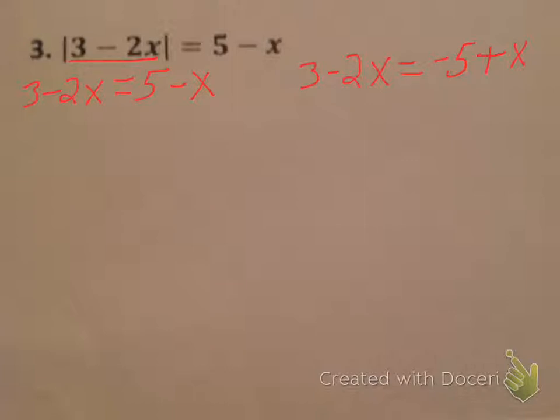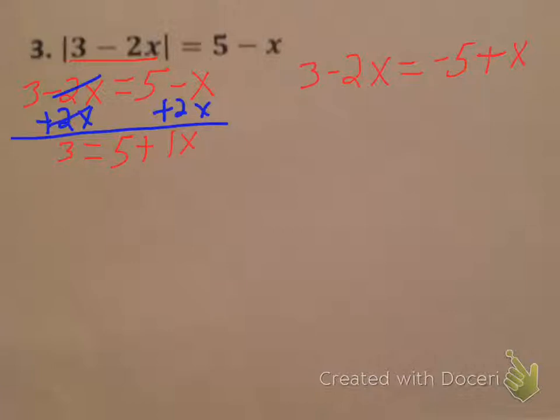I've got x's on both sides, so I'm going to take this negative 2x and go plus 2x to both sides. The negative 2x and the positive 2x cancel, leaving us with 3 equals 5, and negative 1x and positive 2x gives us a positive 1x.